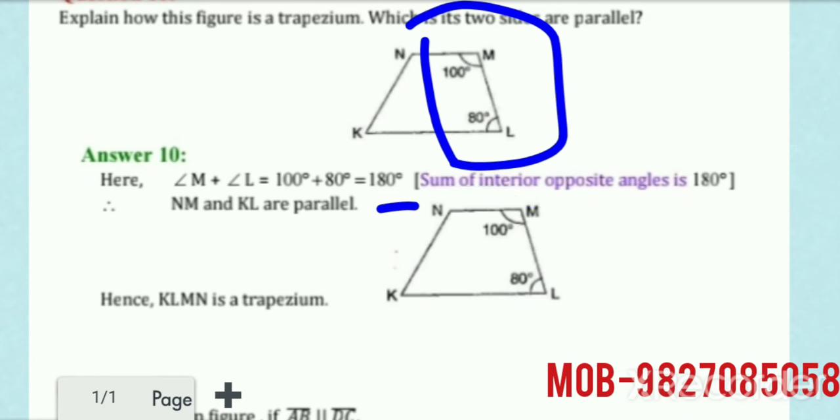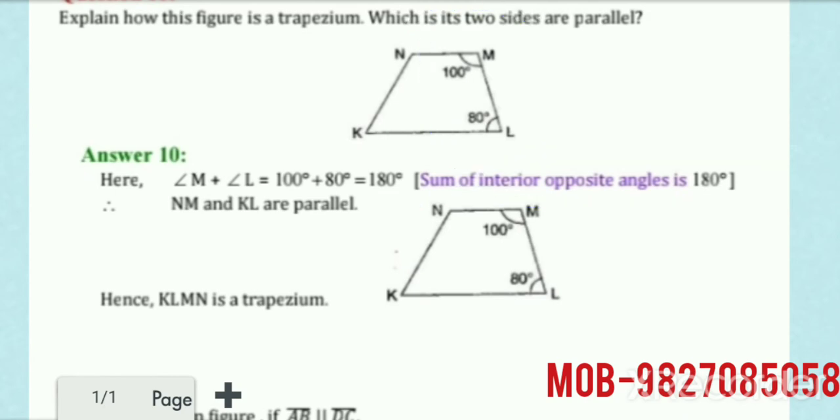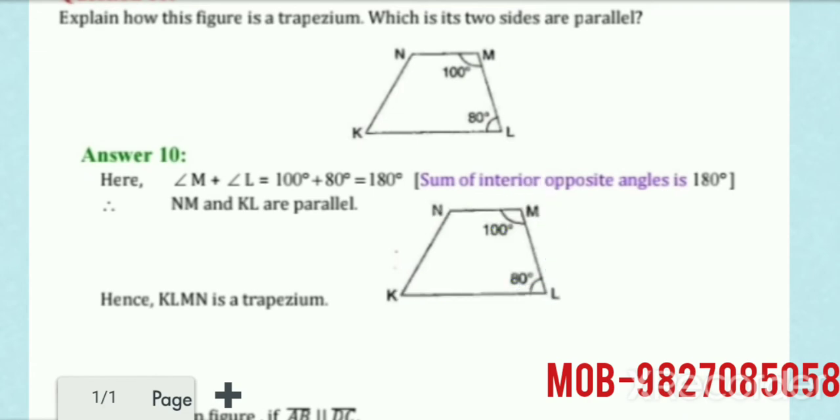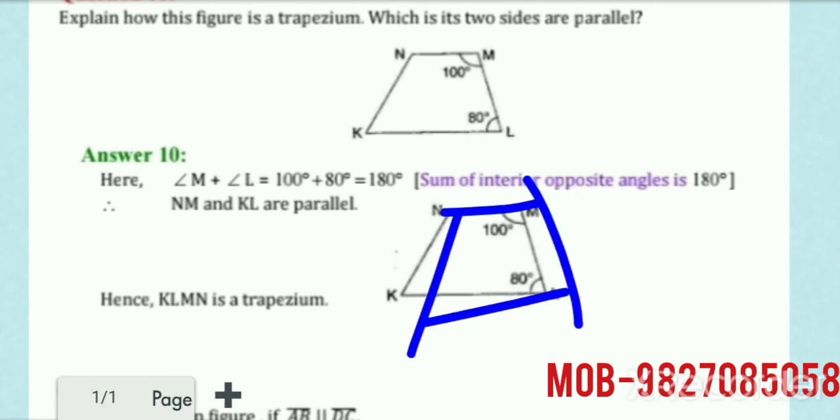Now we can take NM and KL as parallel because they make a sum equal to 180. So hence we can say KLMN is a trapezium because two sides are parallel and two are not parallel.